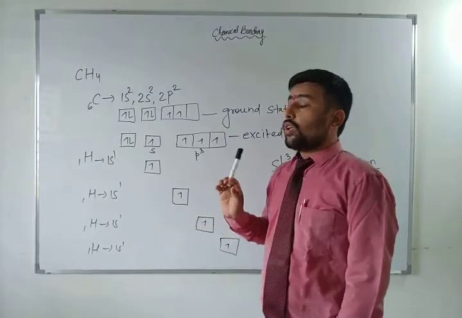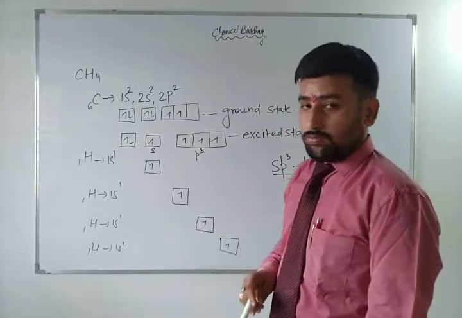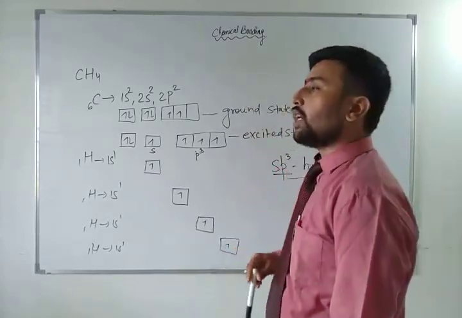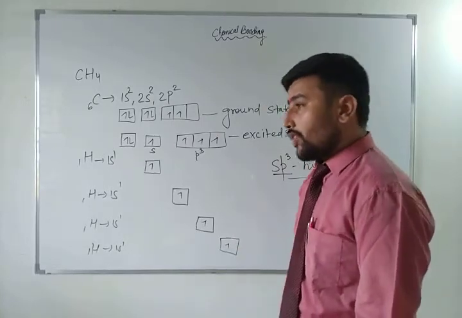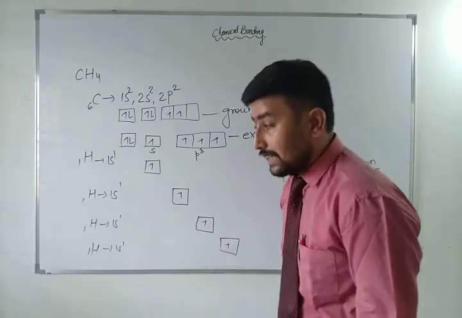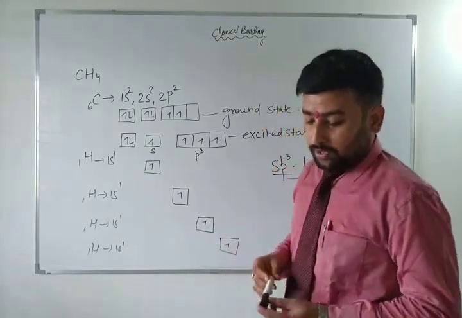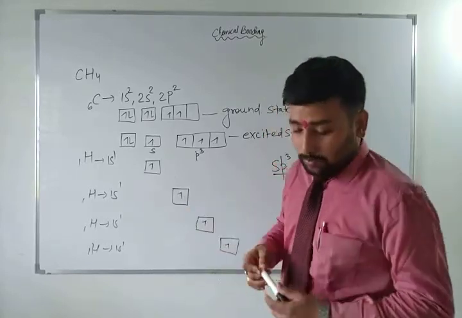But I am not talking about half-filled here, I am talking about hybridization, hybrid orbitals. Hybrid orbitals will give a greater extent of attraction, and greater attraction will give greater stability. So hybrid orbitals form more stable bonds than these atomic orbitals.